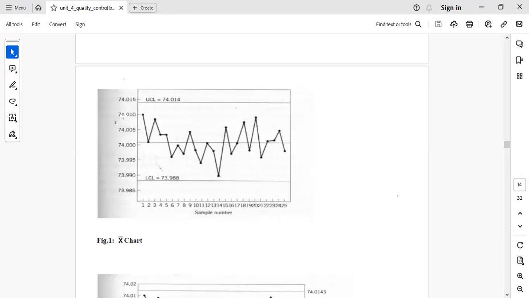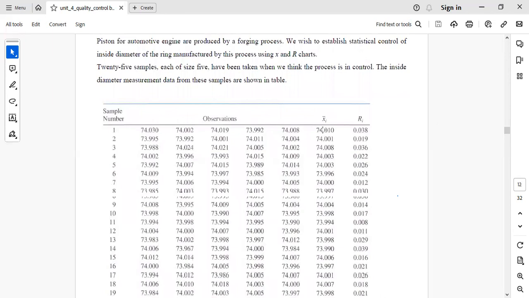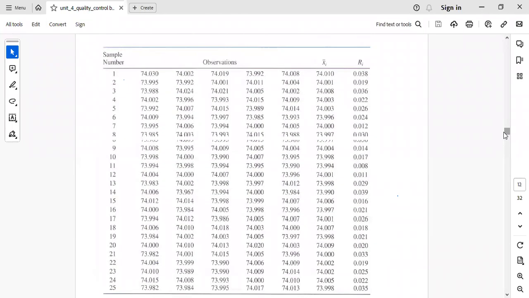you can see that we got the mean is 74.010. That is the mean of the first sample, 74.010. Then you go to the second sample, its mean, again, you check, its mean is 74.001.